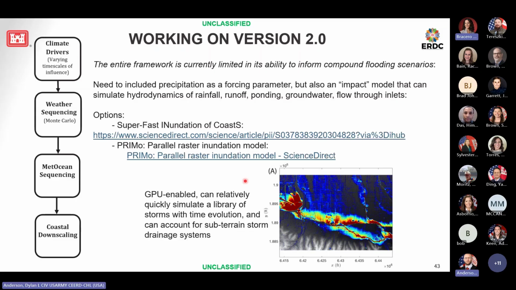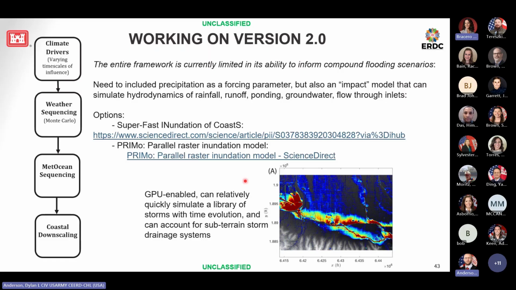And finally, our very last point that I want to make is that we're hopeful to use some of this funding to begin to start considering compound flooding scenarios. There are a number of different models that are able to use GPUs.